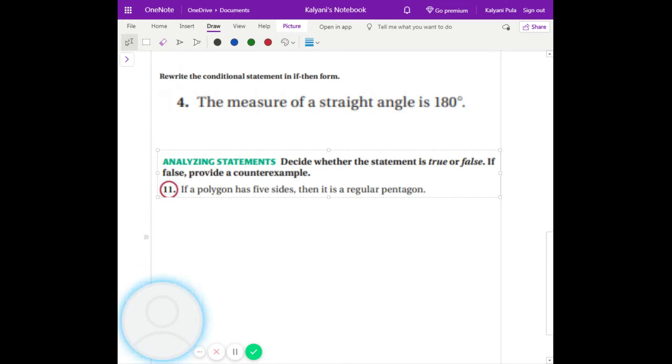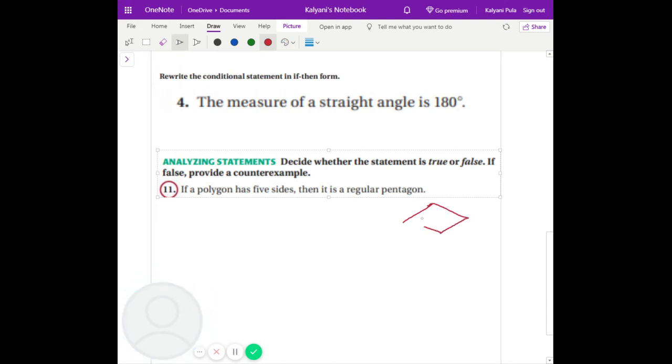When you have 5 sides, it's a pentagon, but it doesn't need to be regular, right? So it's false then? Yes, it is false. Regular means all the angles and all the sides have to be equal. But in this case, the polygon has 5 sides. It doesn't mean it has to be regular. It could be a pentagon.